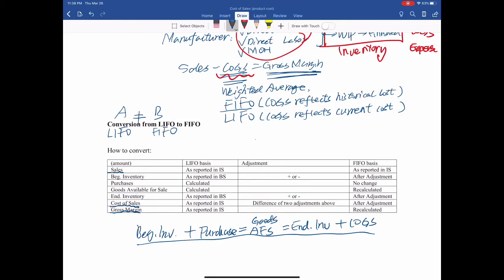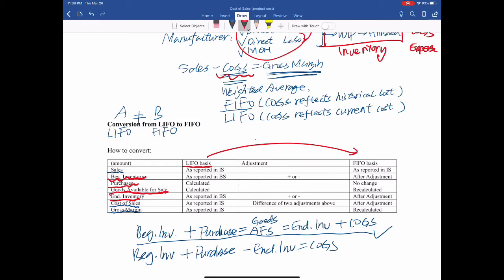How do we get the cost of sales? From this formula we learn the beginning inventory plus purchase minus ending inventory is cost of goods sold. Beginning inventory plus purchase is the goods available for sale, and we subtract ending inventory. If the firm uses the LIFO assumption, we want to convert to FIFO.